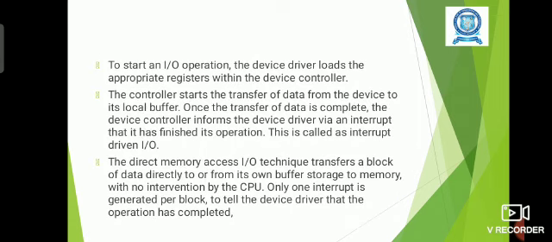Whenever a system starts an input-output operation, the device driver loads the appropriate registers in the device controller. Then only can the controller start the data transfer from the device to its local buffer. Then only can the data be transferred from the device to the CPU.